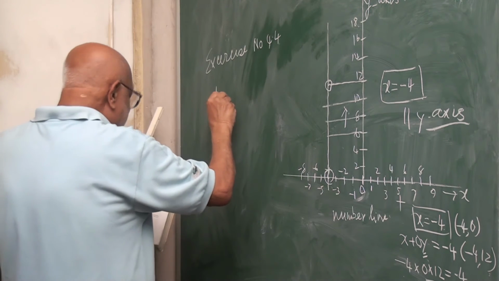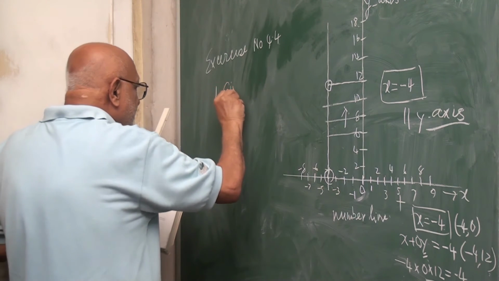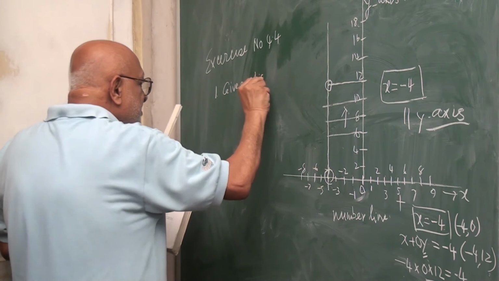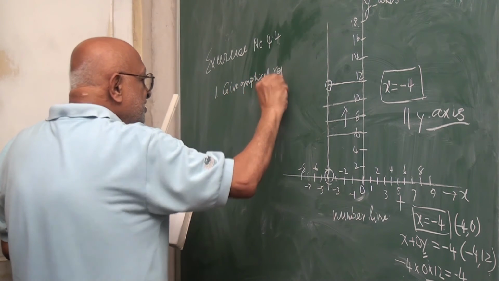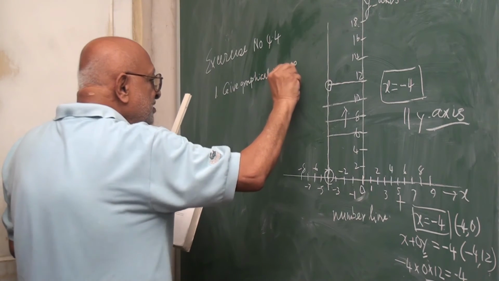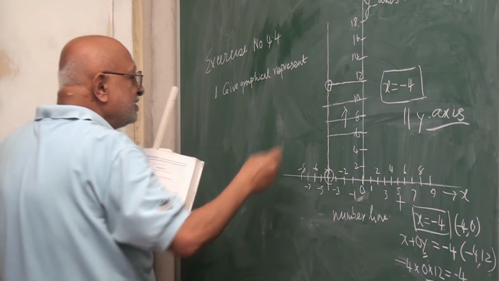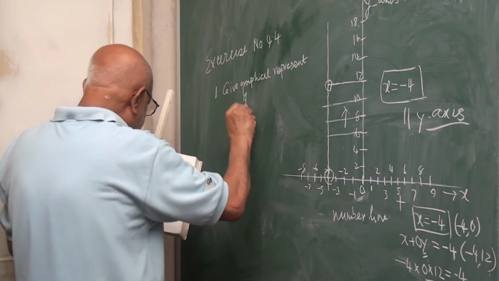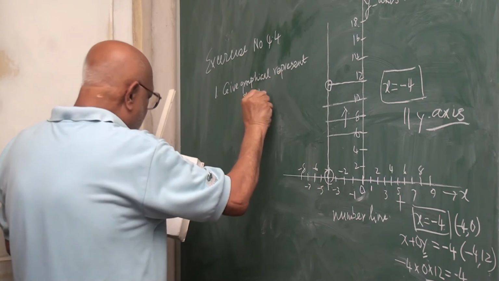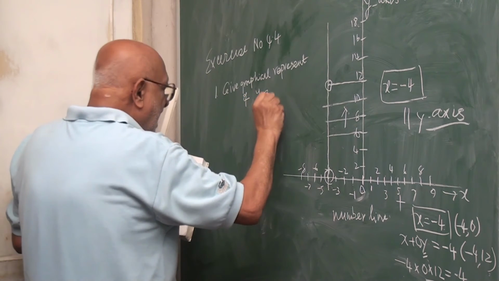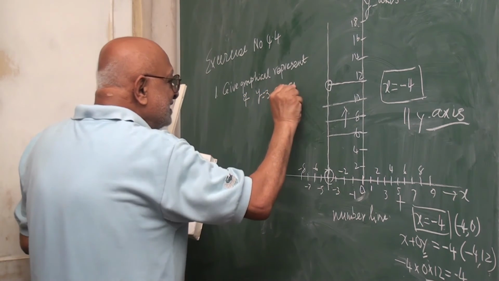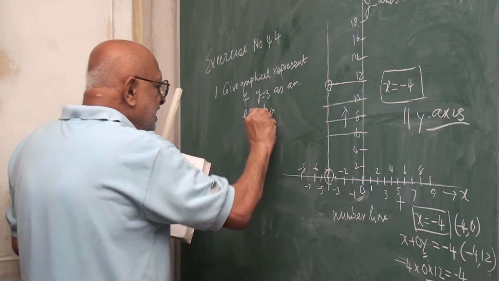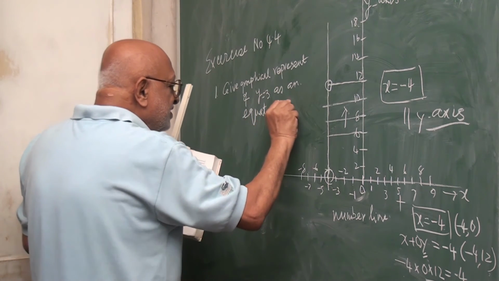It says give graphical representation of. It doesn't say simply plot a graph. It says graphical representation of y equal to 3 as an equation in one variable.